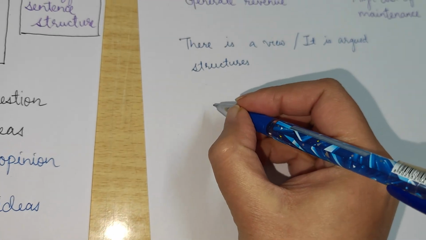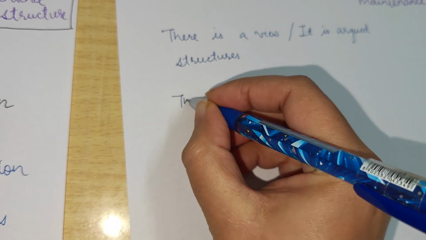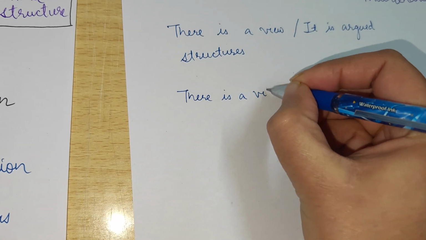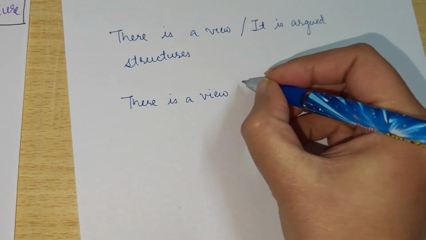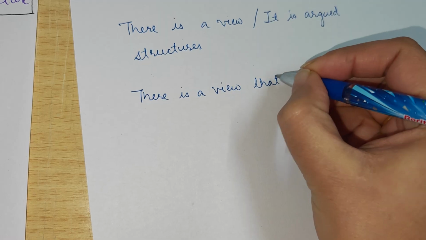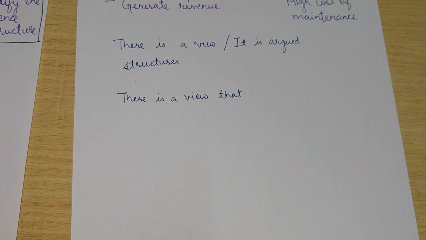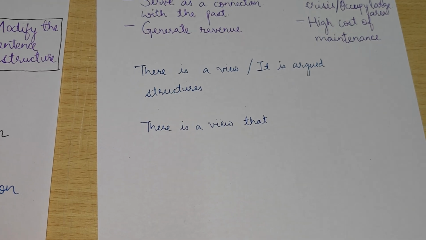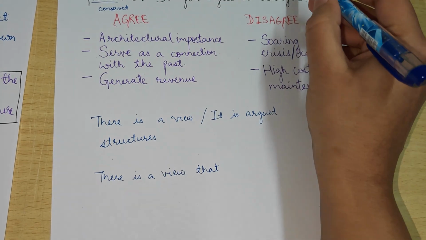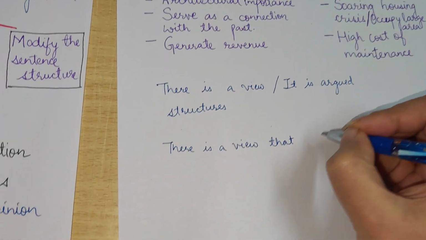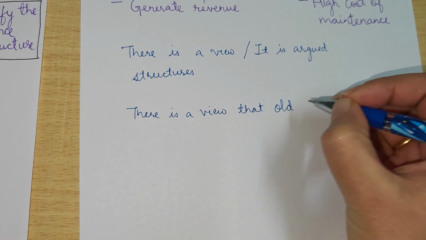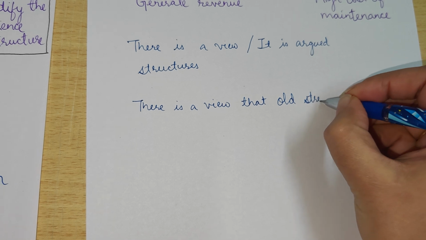There is a view that. You can also write it is argued by or it is argued. So what is argued? It says there is a view that we have old buildings. All right. So I can say there is a view that old structures.